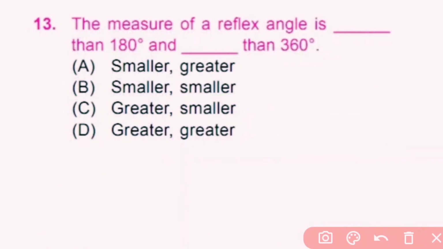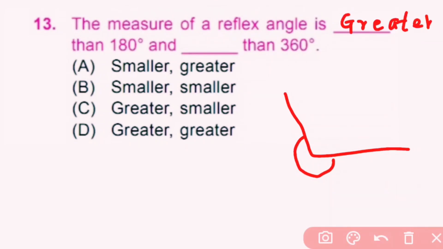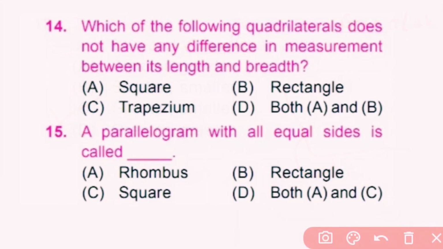Question number 13. The measure of a reflex angle is dash than 180 and dash than 360. The reflex angle is this. It is greater than 180 and smaller than 360. So here C is the correct answer. Question number 14. Which of the following quadrilaterals does not have any difference in measurement between its length and breadth?